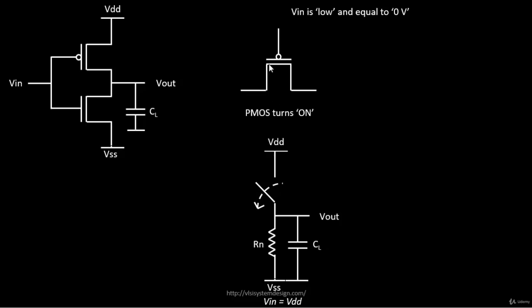So in this case your negative VGS is less than the negative threshold voltage of the PMOS, which says that the mod of VGS is greater than the mod of VT, and as a result your PMOS turns on.